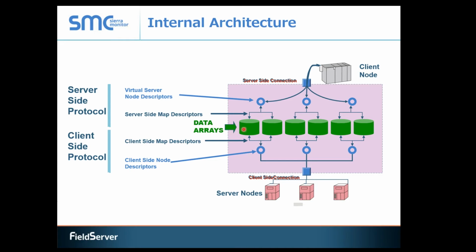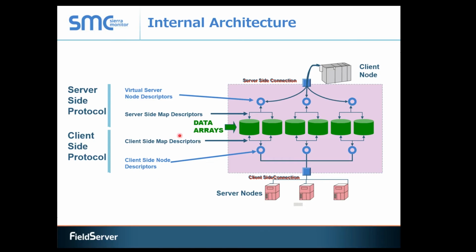So a data array can be seen as an addressing system for the field server, if you want to look at it that way, or alternatively just think of it as a database, and it's something you can define inside of the configuration. You can define how many databases you have, or tables if you want to call them those, okay, and you can define how large those tables need to be. But the purpose of the data arrays are literally to store the data that we fetch from the field.